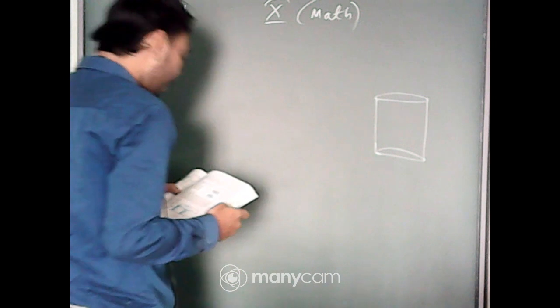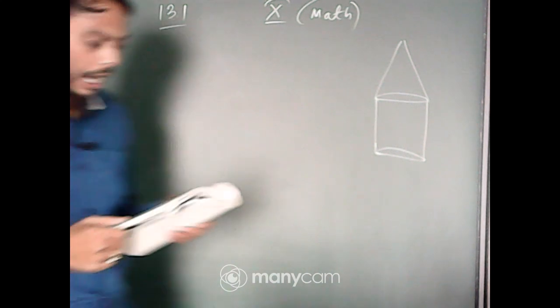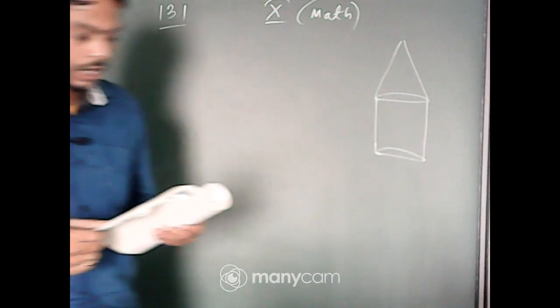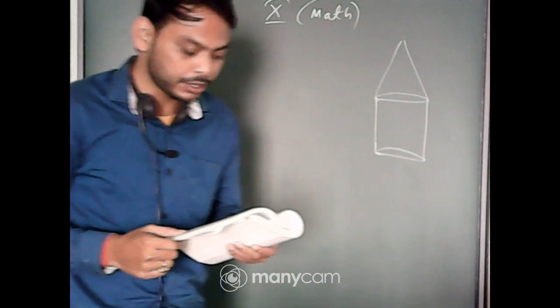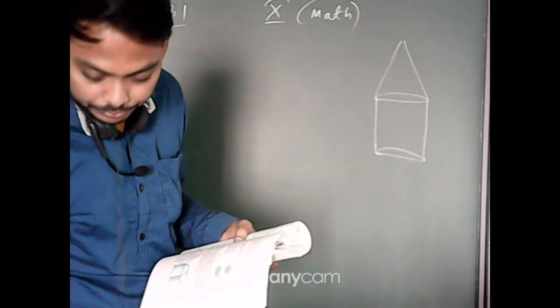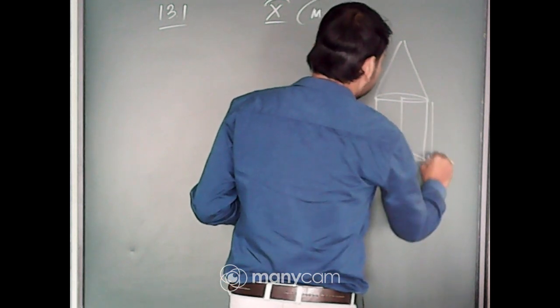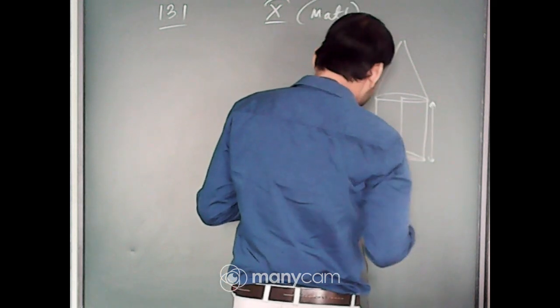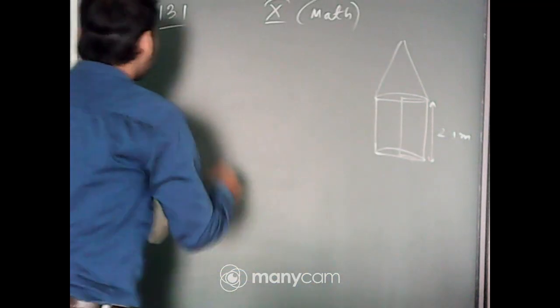If the height and the diameter of the cylindrical part are 2.1 meter and 4 meter respectively, that means the height of the cylindrical part, this portion, is 2.1 meter.